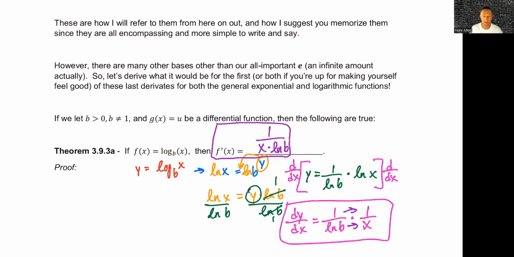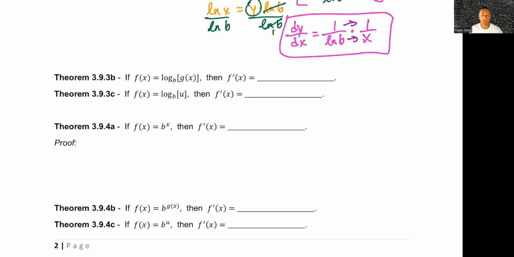Okay, cool little proof. I feel like it makes a little bit more sense once you've seen why it is what it is. Just another thing that we have to memorize and or be able to access quickly. So a few others, 3b and 3c are virtually the same, whether we write it as the log of another function inside of that, or just call it u.